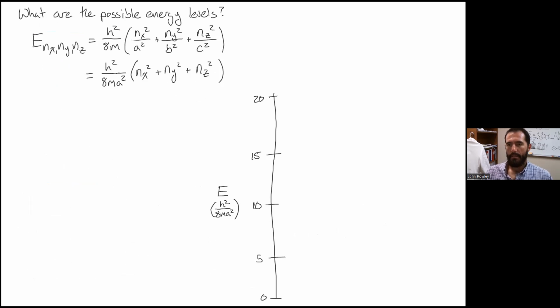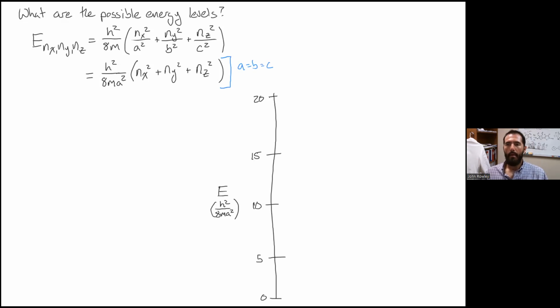So what are the possible energy levels for the particle in the cube? I've rewritten the expression from before for the total energy values if we have x, y, and z. This is the case if it's a perfect cube where a is equal to b is equal to c. That would be the energy.